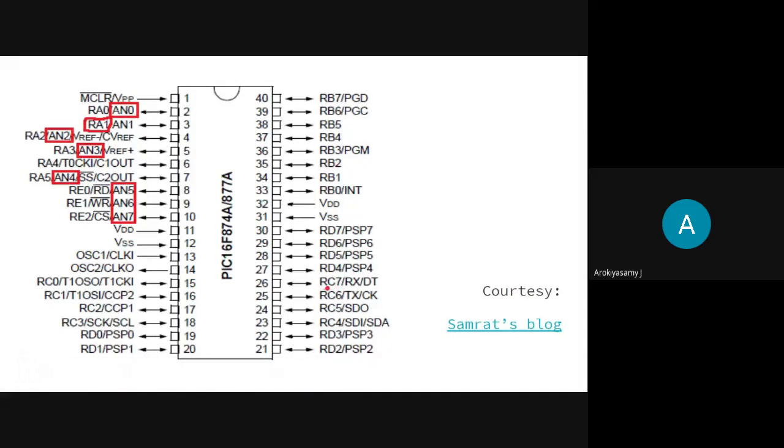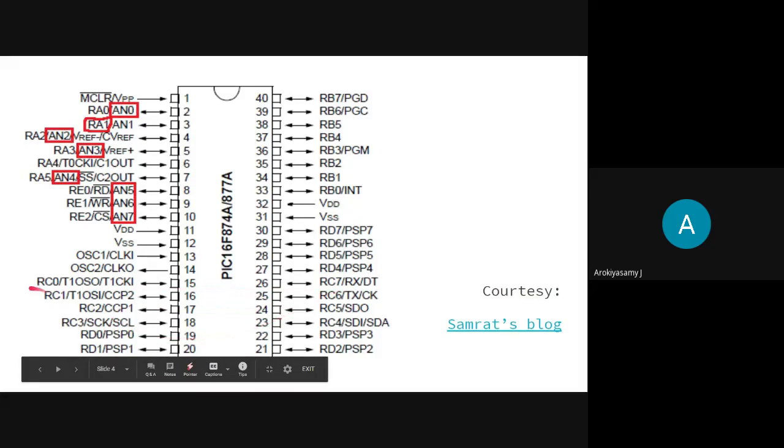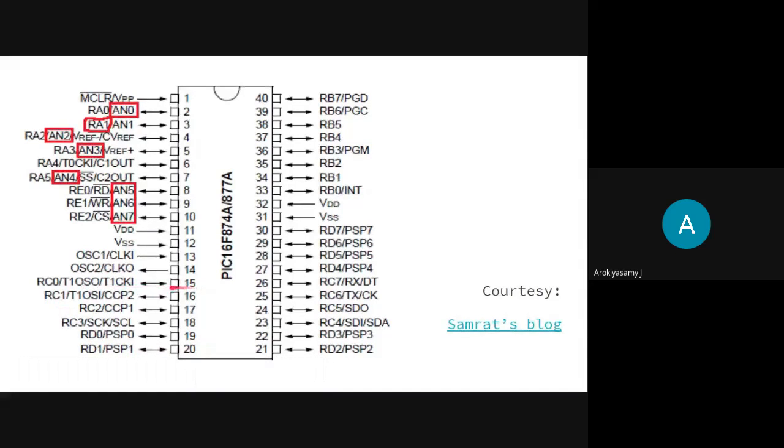RC7, 7th bit, totally 8 bits. RC0 to RC7 forms port C. This port C is shared for other purposes also.